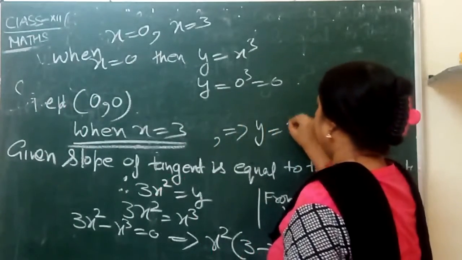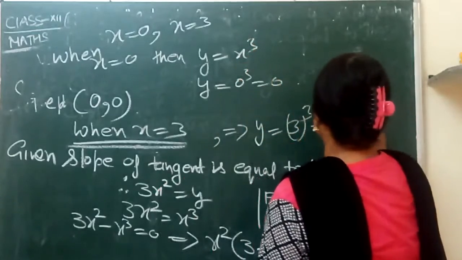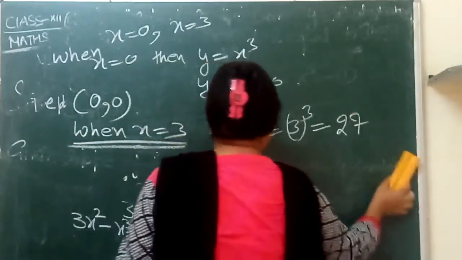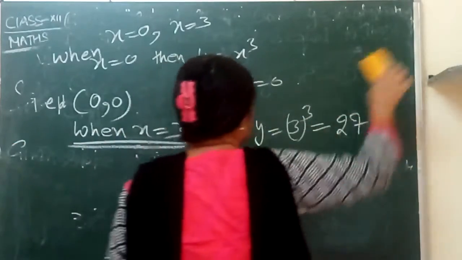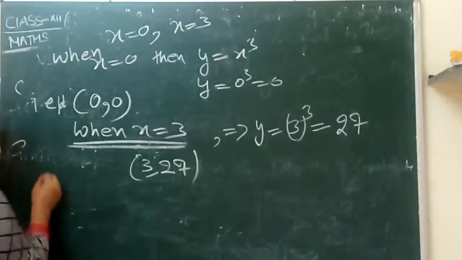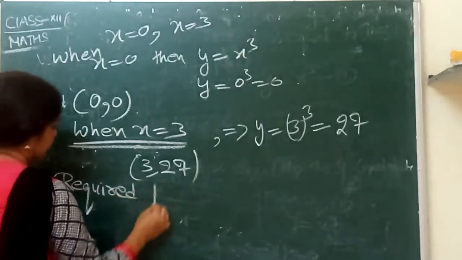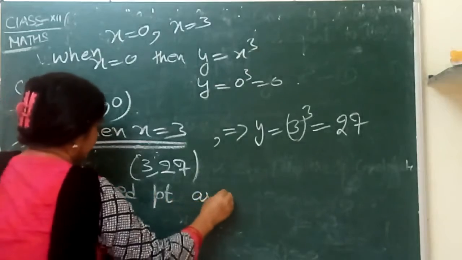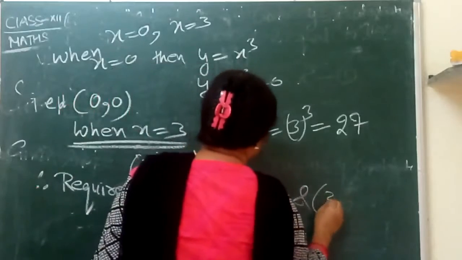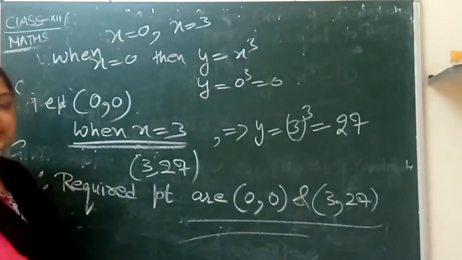Y is equal to 3 cube, because the equation of curve is x cube, so it will come 27. So the second point is 3, 27. So therefore required points are 0, 0 and 3, 27. So this is the solution of question number 17.